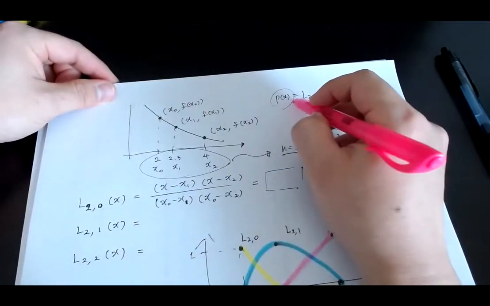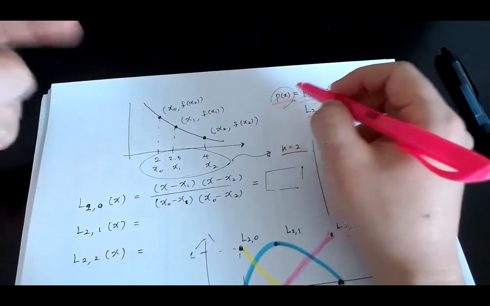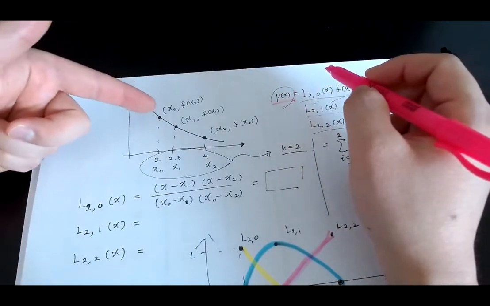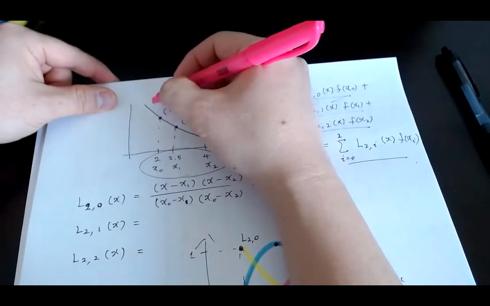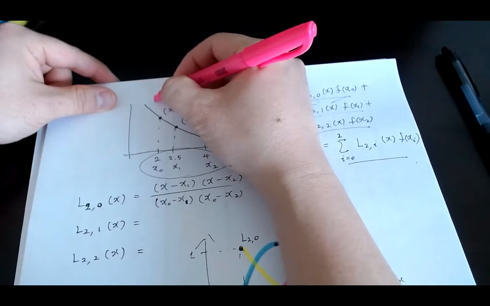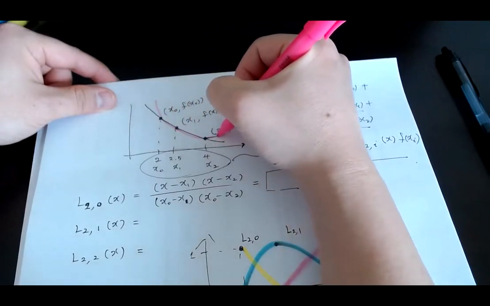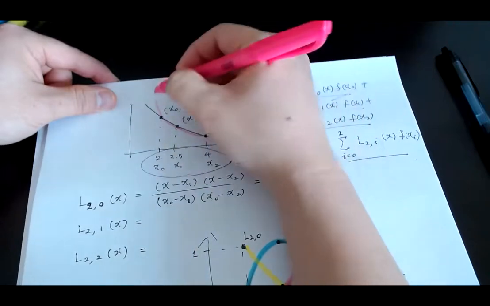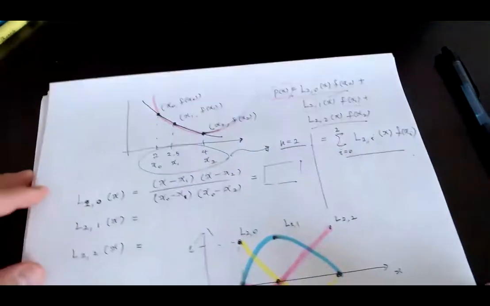Definitely P of x must pass through, P of x was designed to pass through the three data points, okay? So I'm sure the graph must be like this.